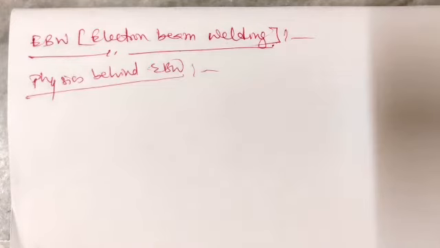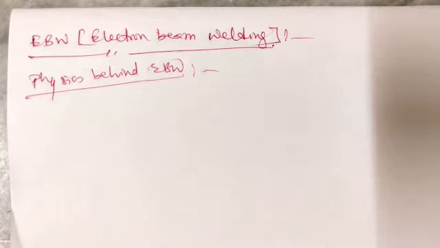But if we use power density, already I have shown you one graph about power density, that alone will create the difference between EBM and EBW. You may be asking: same process, so what is the difference between EBM and EBW? Because in EBM we generated holes, but in this case we are going to join two materials.